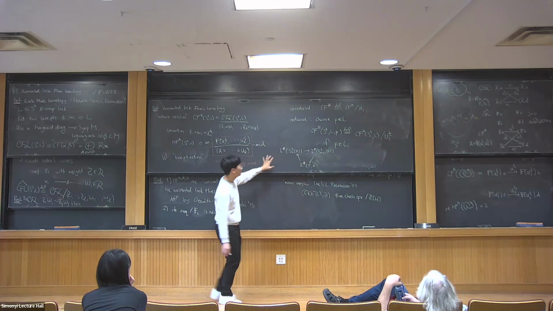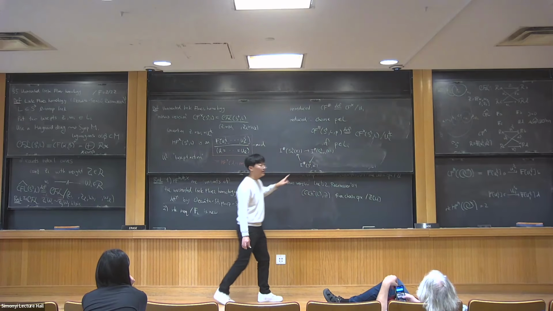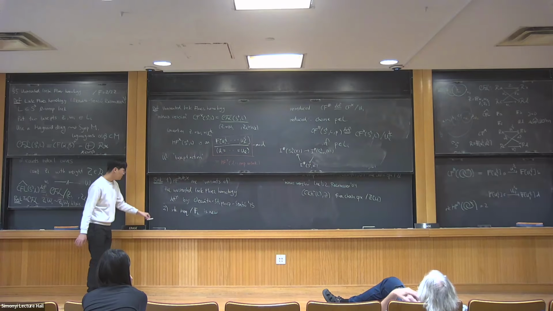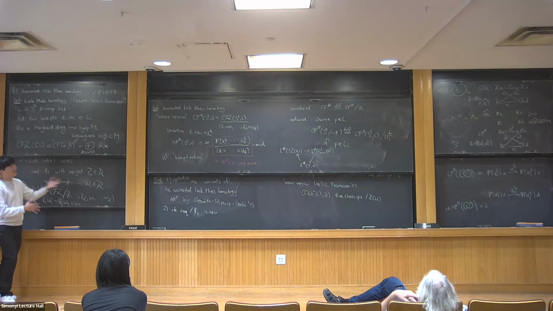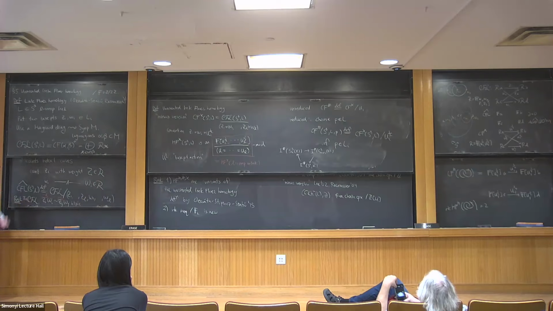I show a Heegaard Floer analog where these are replaced by HF hat and this is replaced by HF sharp. So it seems like they should be related, but I personally don't know much about instanton Floer homology to make the conjectures.